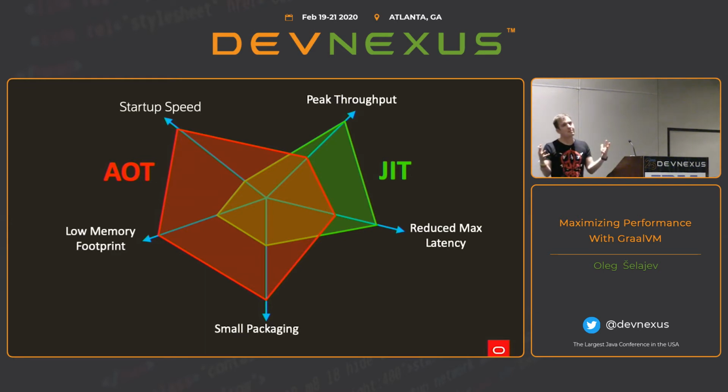But also, because of the nature of ahead-of-time compilation, sometimes you don't have access to some speculative optimizations, because you cannot de-optimize. After that, you won't be able to re-optimize because you didn't include the compilation facilities, right? So you have to be maybe more defensive with your optimizations, and then maybe you cannot speculate that much, and then maybe your peak throughput will be lower.